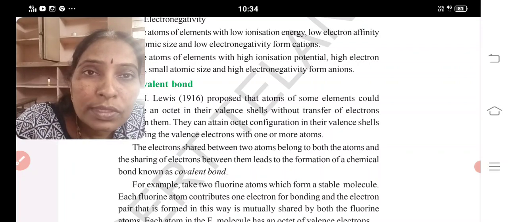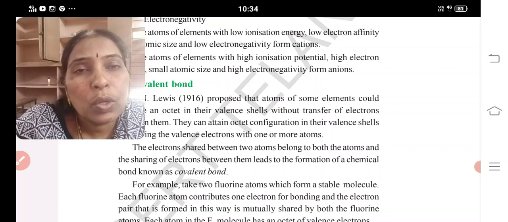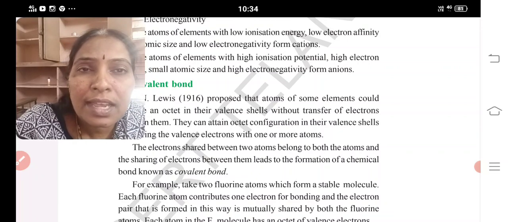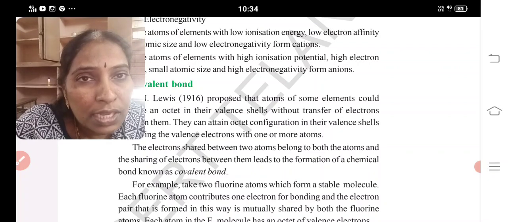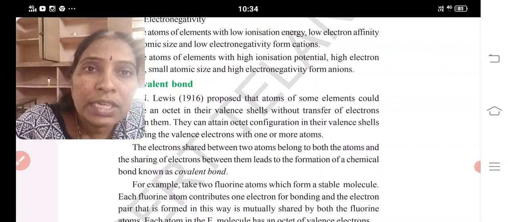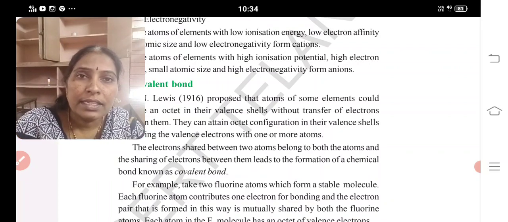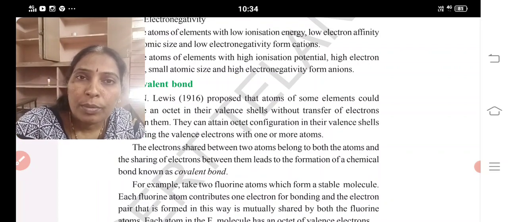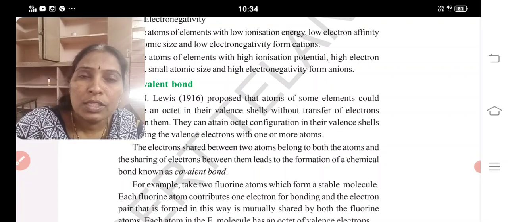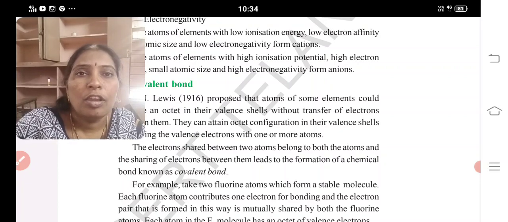So sodium loses, transfers, and chlorine accepts. When sodium transfers, it develops a positive ion, and when chlorine accepts, it develops a chloride ion, that is an anion. The bond formed between the cation and anion is known as an ionic bond.